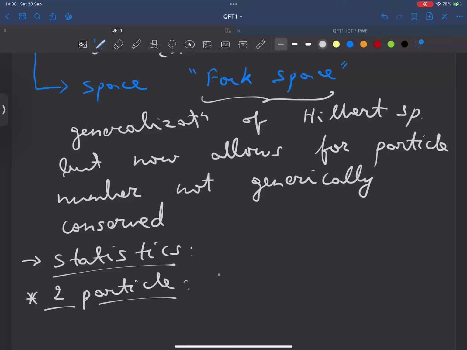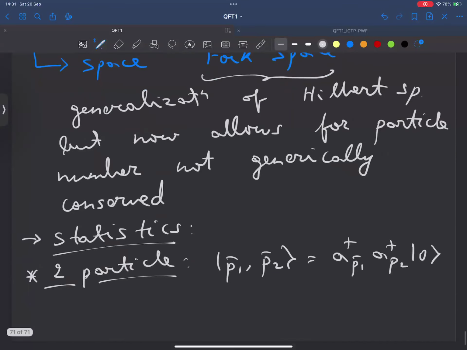A two particle state would just be P1, P2, and this is just A P1 dagger, A P2 dagger on the vacuum. Now note that the daggers commute. So you can exchange them like this, and you will end up with something like this. P2, P1. All of these are vectors again.